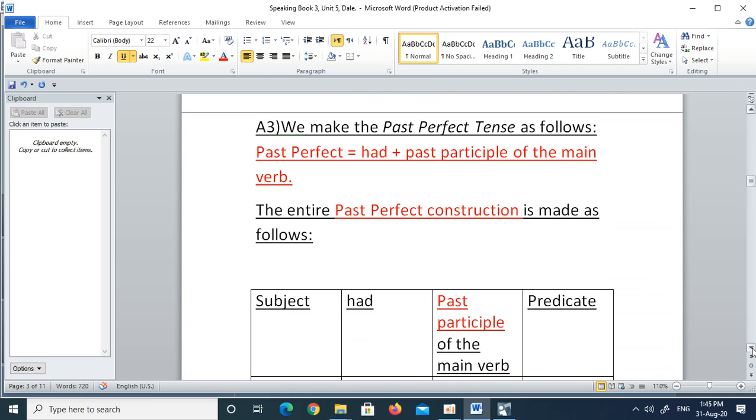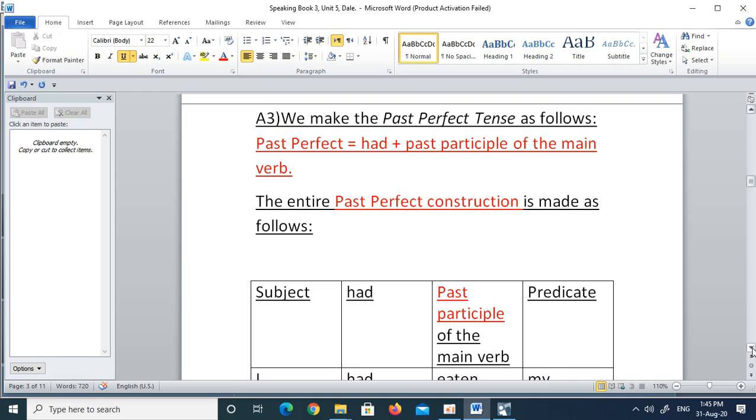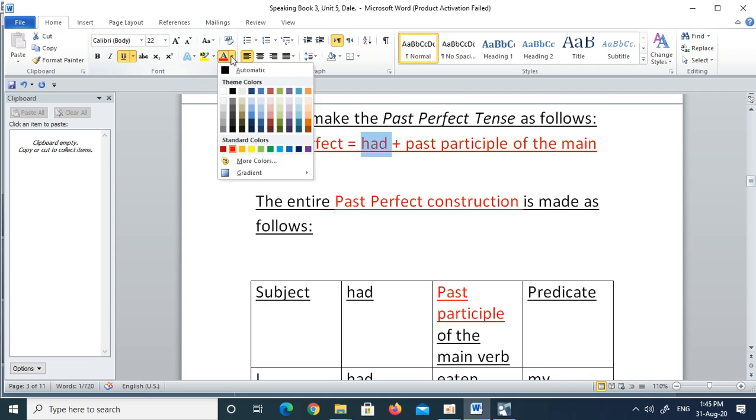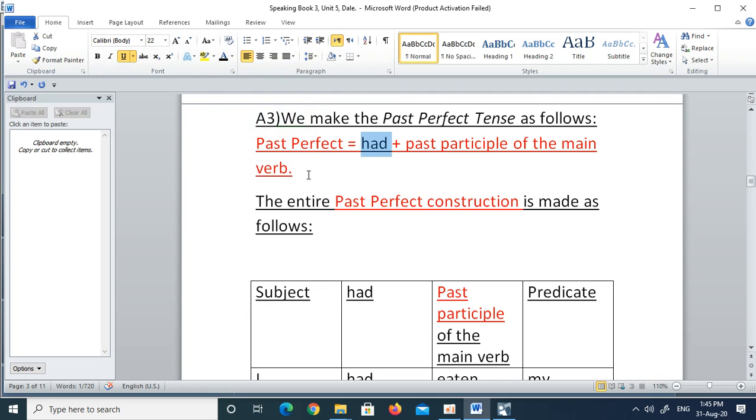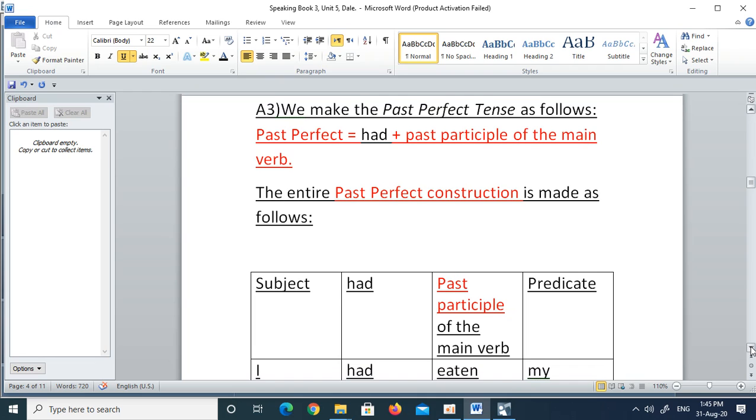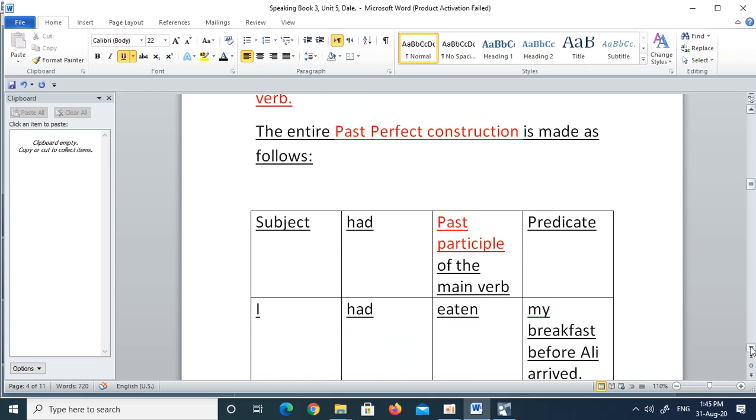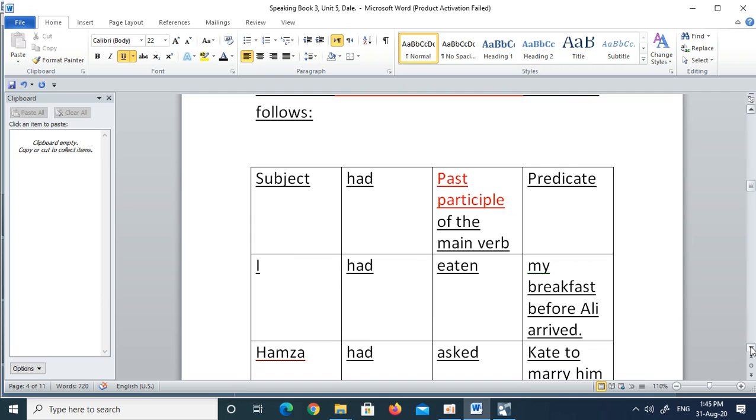Now, we make the past perfect tense as follows. We use the auxiliary verb had, and then we use the past participle of the main verb. The entire past perfect construction is made as follows.